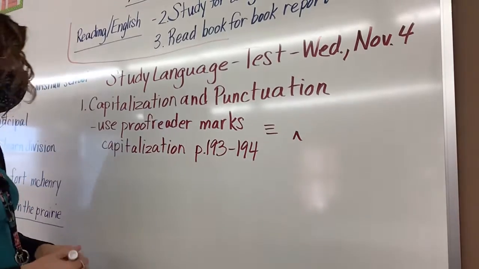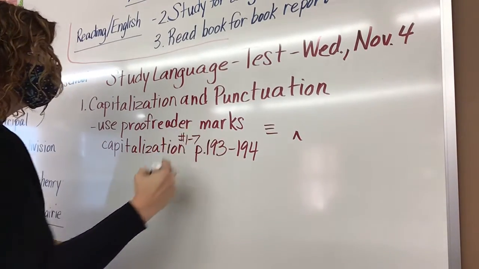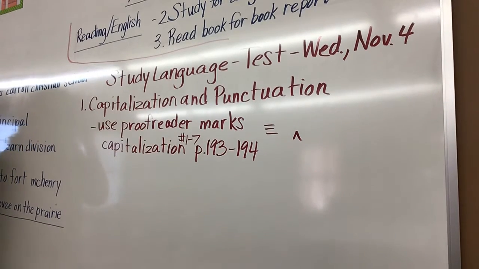Alright, so there are number 1 through 7. Okay, so you can put capitalization number 1 through 7. There are 7 rules. You're responsible for all those rules. We've learned them all.